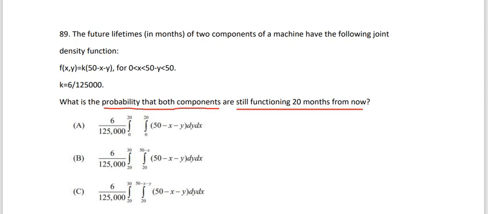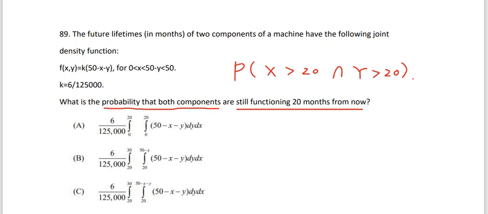So this actually means we want both to work. So X is larger than 20 and Y is also larger than 20, right? So we want to find this.